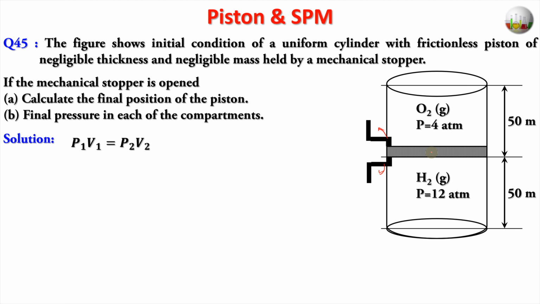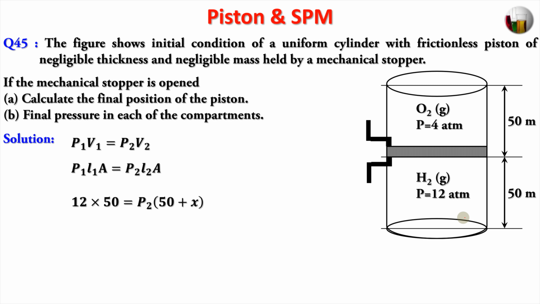This is P1 V1 of hydrogen initially and finally, and again this holds good for both hydrogen and oxygen. Because the number of mole of hydrogen in this container will remain constant whether it moves up or down. Now volume is length into cross-sectional area, and cross-sectional area in both parts is same. It's a uniform cylinder. So ultimately it is based on length only. So P1 L1 is equal to P2 L2.